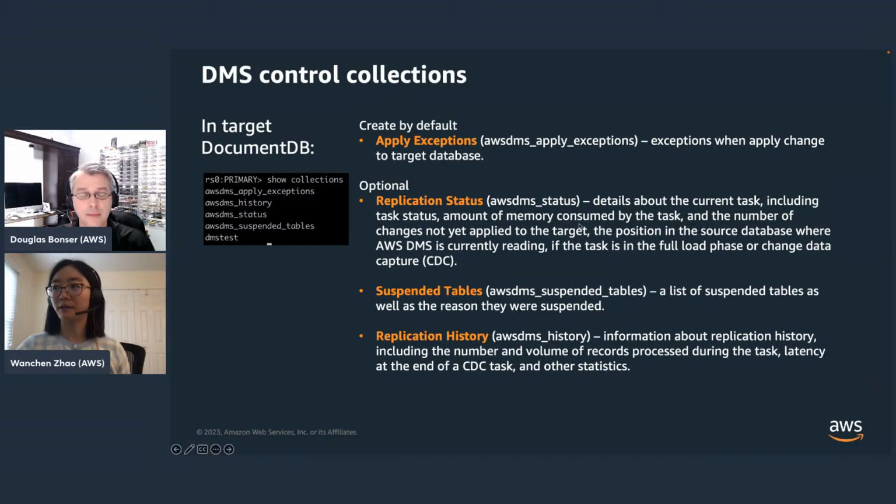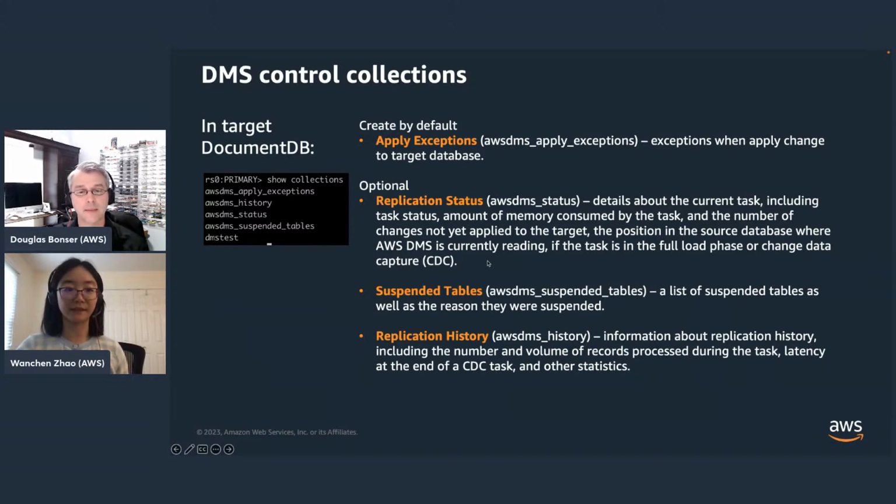And also you have the memory consumption information for that task. You can utilize this info to scale your replication instance properly. And also you can use the information from here to maybe create another task to resume from a previous state.